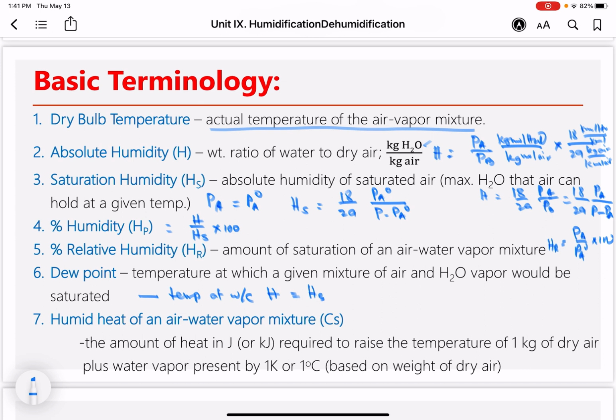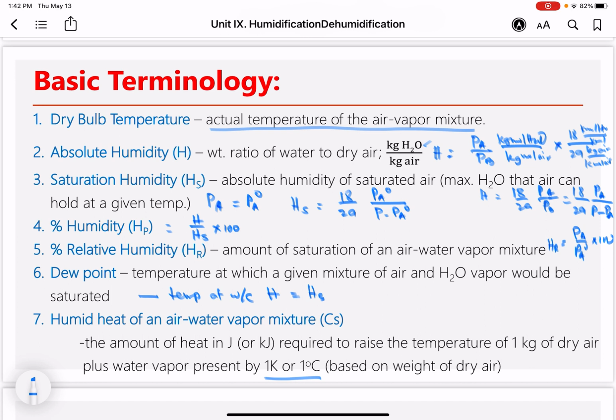Humid heat of an air-vapor mixture, or we term that as your CS, is the amount of heat in either joules or kilojoules required to raise the temperature of 1 kilogram of dry air plus water vapor present in it by 1 Kelvin or 1 degree Celsius. But this specific heat is of course based on specific heat of air per weight of dry air.